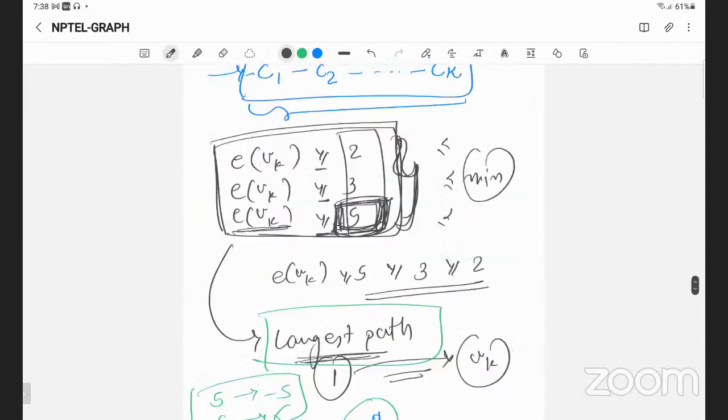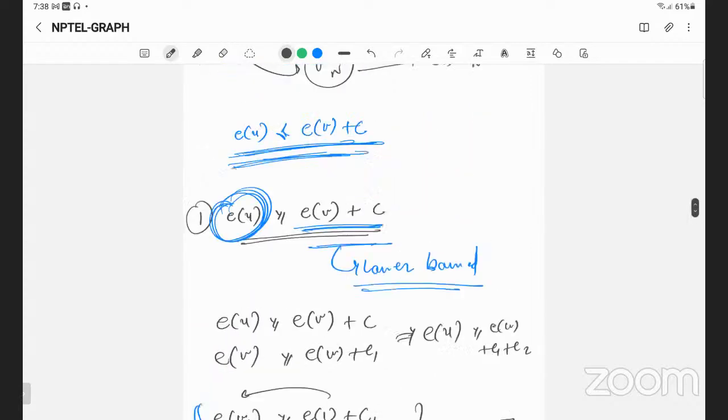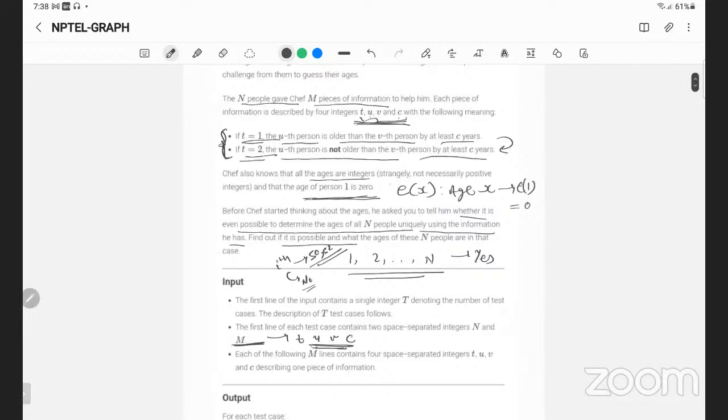The thing is, to use the shortest path algorithm, you shouldn't use the Dijkstra algorithm. Why? Because in the question, it is given that all the ages are integers, not necessarily positive integers. So it can be the case that the age is negative.